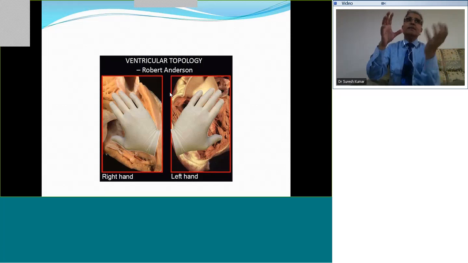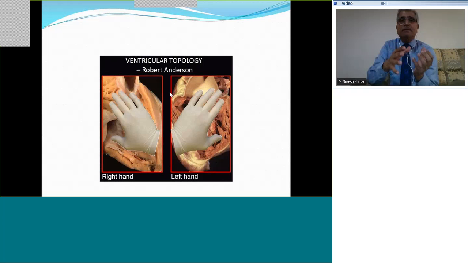The heart is in your hand. This will happen only with a D ventricular loop. If it is an L ventricular loop, it is your left hand which will do this. So in the corrected transposition heart, the right hand will not go as illustrated in the image.